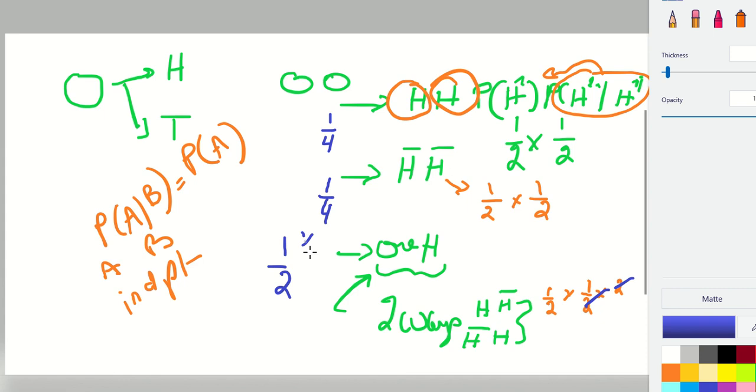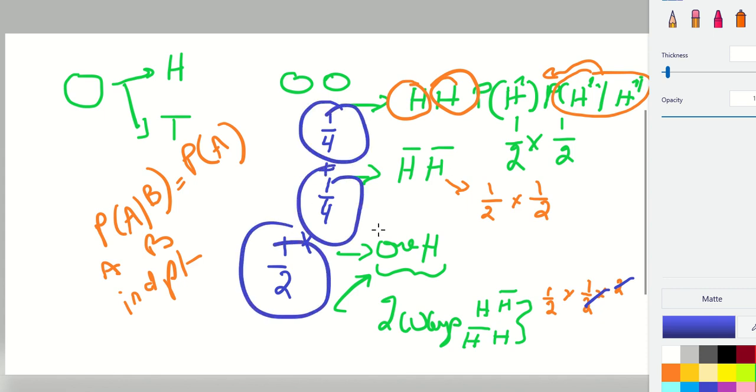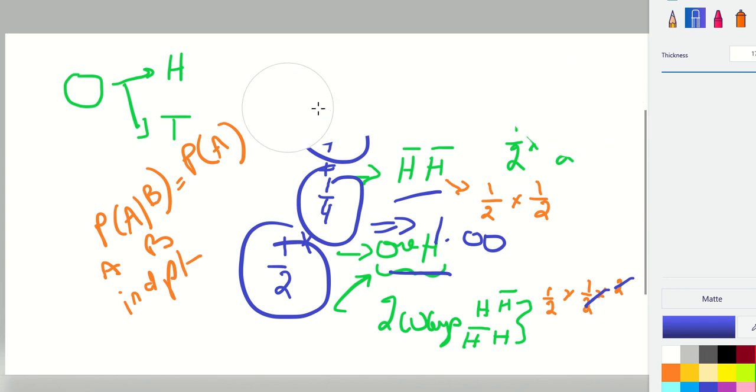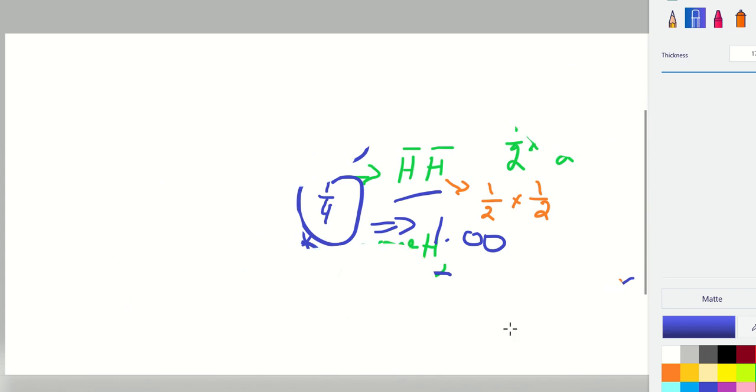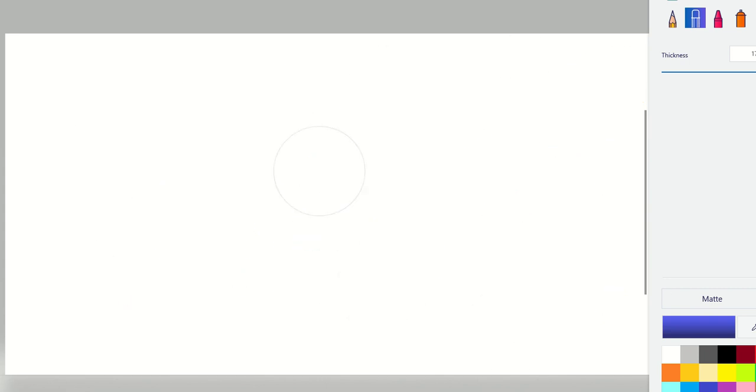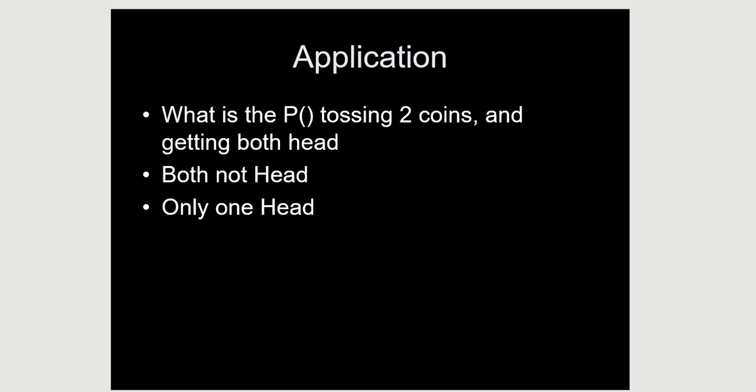And you notice that if you add these three probabilities together, you get 1, because these are complements of one another. This is everything that can happen when you toss a coin twice. There's nothing else but these. Okay. So these are the applications with coins and with the Deca cards for the probabilities.